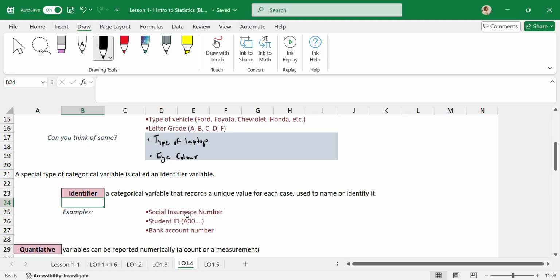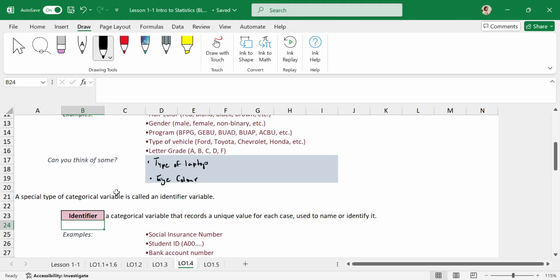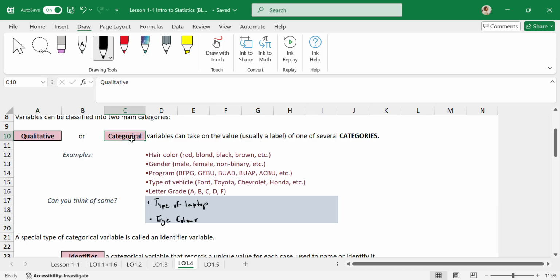Like the name implies, they're used to identify people, like your social insurance number or your student ID number, your bank account number, your driver's license number, all of those types of numbers that can just belong to you and not belong to another person. So qualitative or categorical, the names can be used interchangeably. They put people into categories based on qualities that they possess.